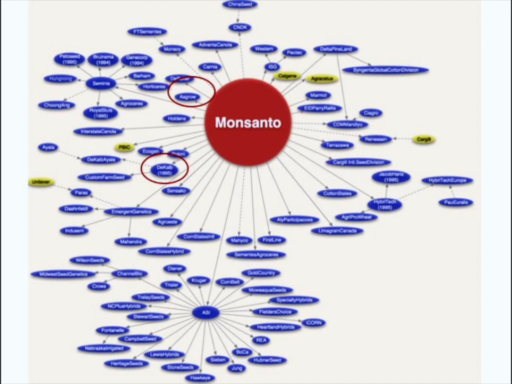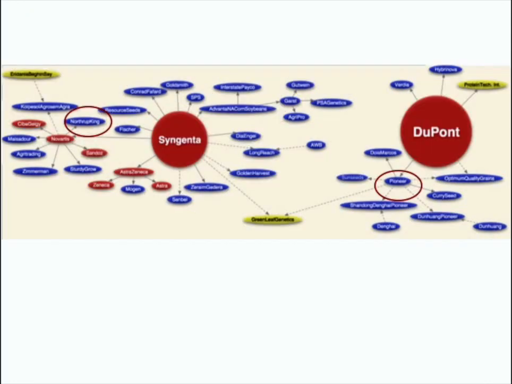For this class, don't go out and memorize the number of companies that formed Monsanto, but note that Monsanto merged and acquired a vast number of smaller seed corn companies, and now is one of the big 6. Here you see the acquisitions by Syngenta and DuPont.